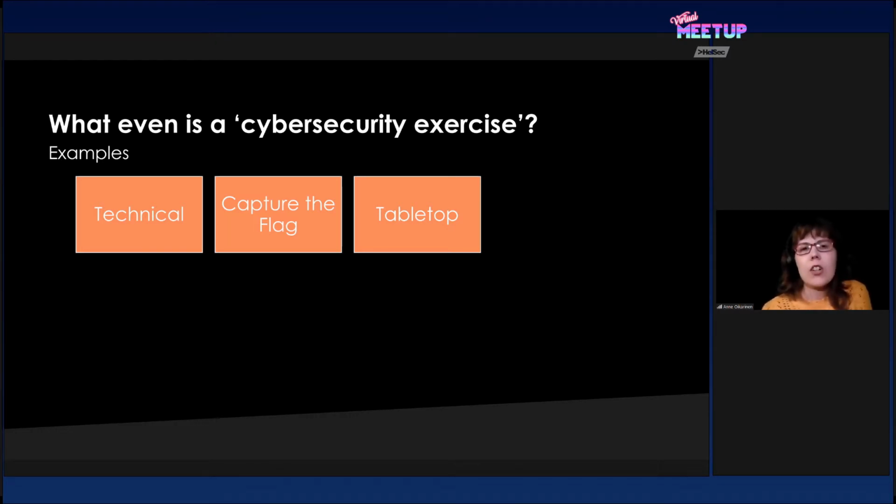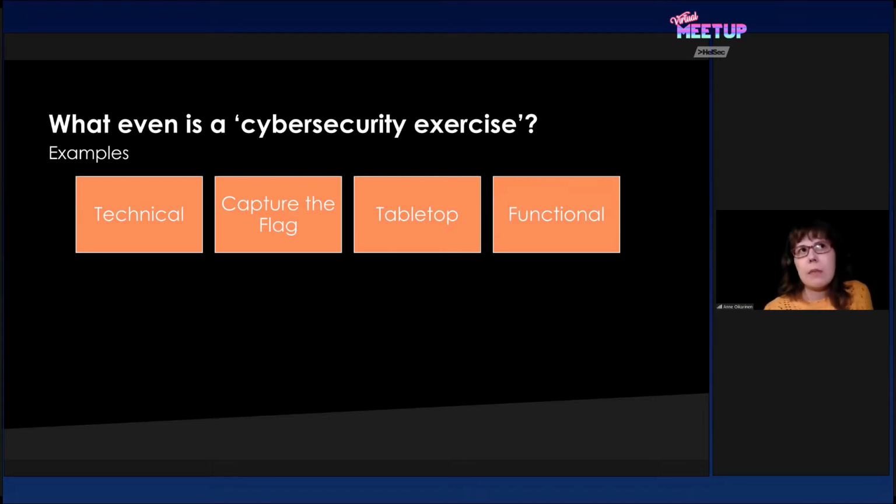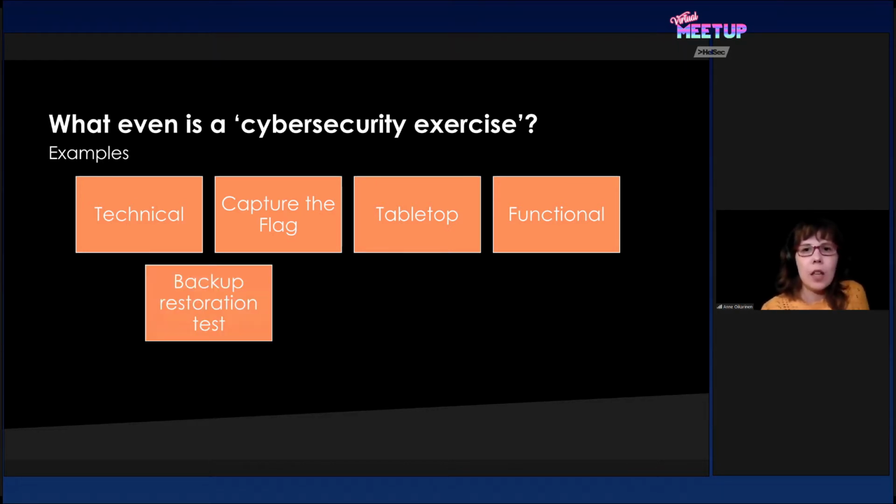Then there's something called functional exercises, which are basically in between technical exercises and tabletop exercises. You play in a certain imagined setting, and you then try to think that, okay, an incident that happened or is about to happen, what can it do? And there are certain game events that will take the scenario forward.